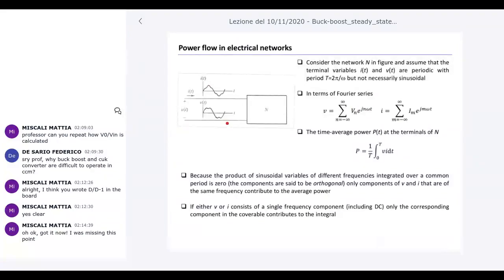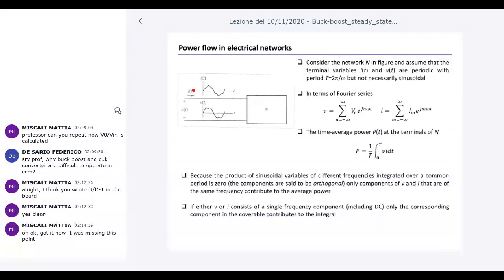So we can characterize this network N by looking at the instantaneous power. The instantaneous power is the product of the voltage vT and the current iT flowing at that terminal. The instantaneous power changes instant by instant.